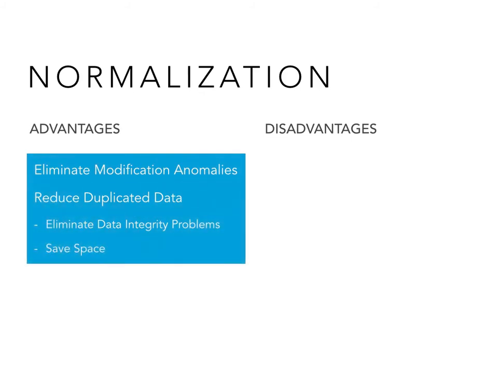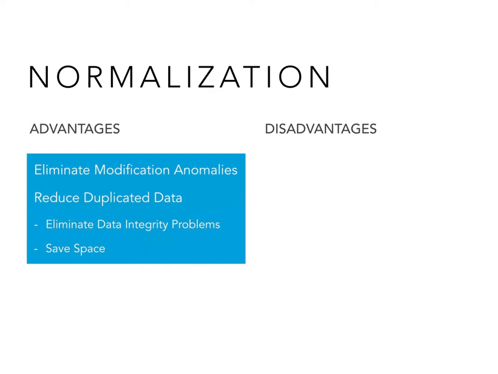On the advantages side, normalization eliminates modification anomalies: insert, delete, update. It reduces duplicated data, and that may help eliminate data integrity problems. And it certainly saves space as well. If we don't have to have the same string repeated 14 bajillion times, in all the different rows that is the SKU description of the same product that's been sold 14 bajillion times, we could eliminate that storage requirement.